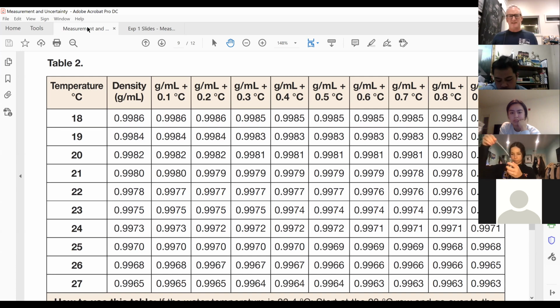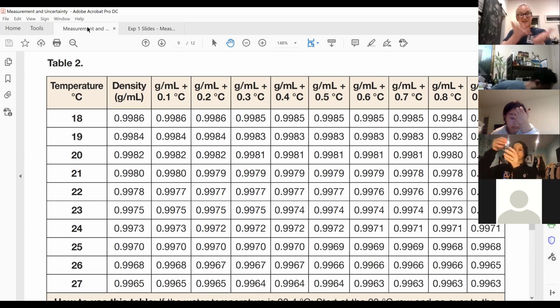Professor? That's what, 18.2, something like that? So if my mass is 18.20 grams of water, I need to convert that to a volume.